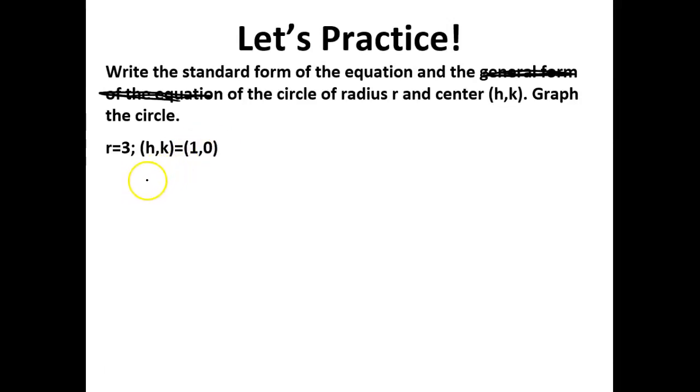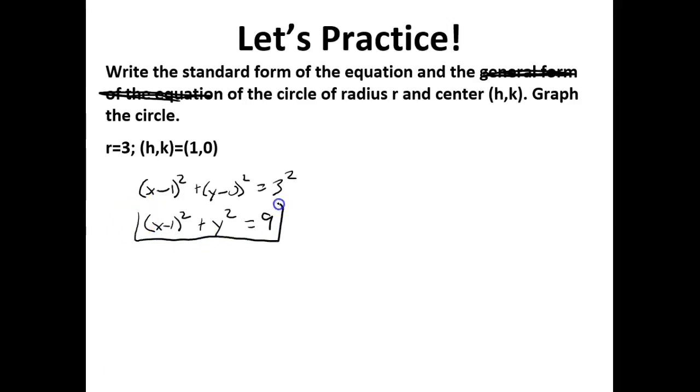The standard form is x minus the x coordinate of the center, which is 1, squared, plus y minus the y coordinate of the center, which is 0, squared, is equal to the radius squared, which is 3 squared. If we simplify, x minus 1 squared plus y minus 0, which is just y squared, is equal to 9. So here we have the standard form of the equation.